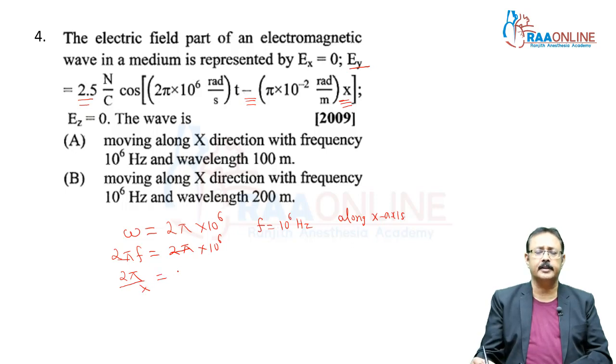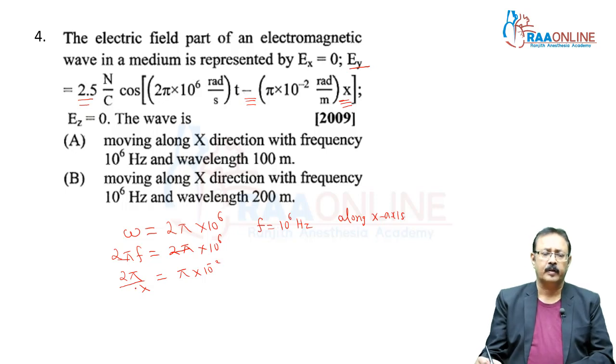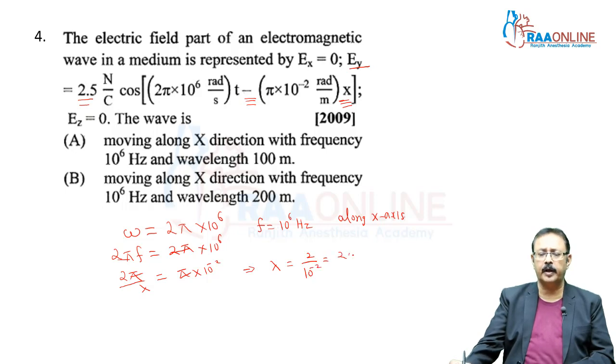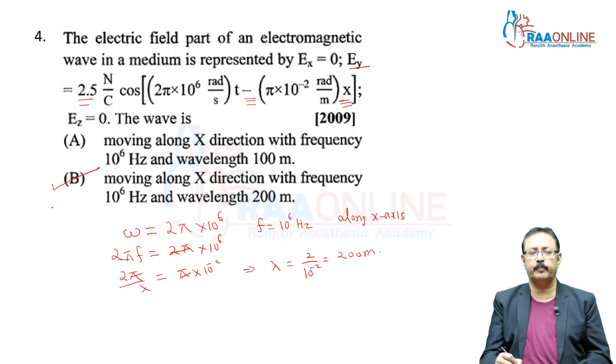With k, it is pi into 10 to the power minus 2. So cancel pi with pi. So what we are getting? We are getting wavelength is equal to 2 upon 10 to the power minus 2, meaning 200 meter. So all is given in B. So we are going with B option.